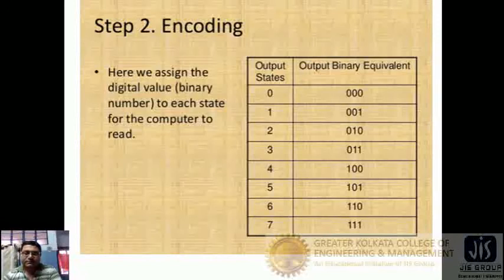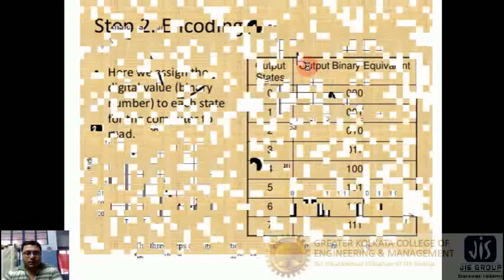There are 8 states, so a 3-bit representation is sufficient to represent the 8 states from 0 to 7, with binary representation from 000 to 111. 000 represents state 0. 001 represents state 1. 010 represents state 2, and likewise 111 represents state 7. You can see the output state versus the output binary equivalent number.